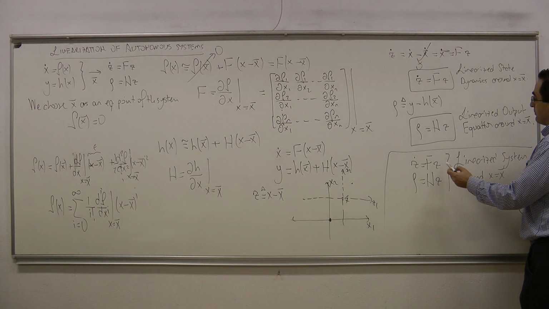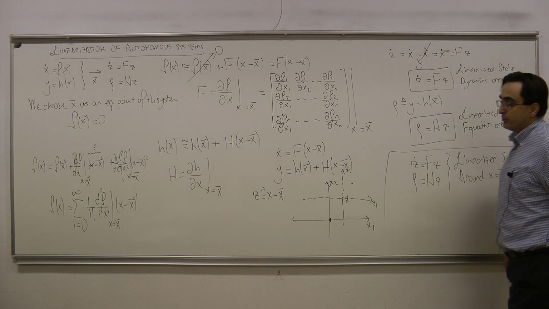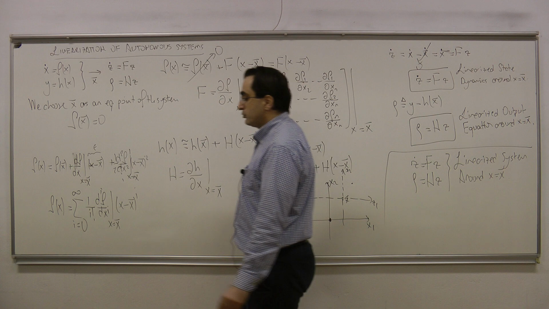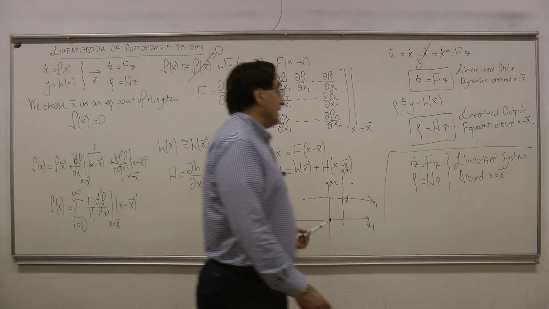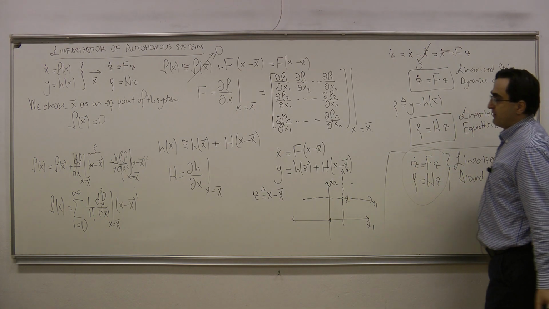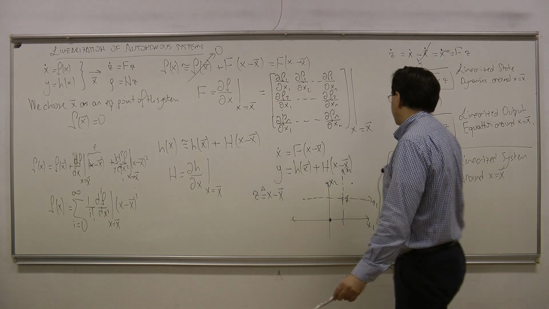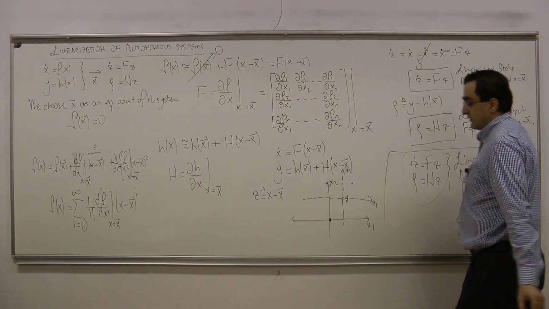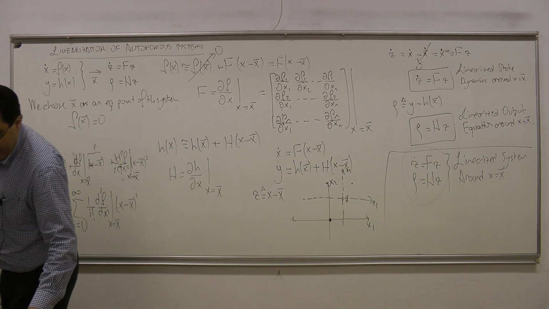That means that our approximation here, or the approximate linear autonomous system, linearized autonomous system here that we would obtain, would be only valid for small z values. Remember, z is x minus x bar. If z is small, then we know that such a system approximation would be valid or would be accurate.